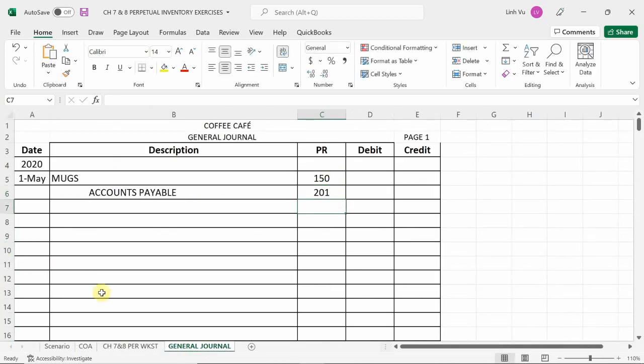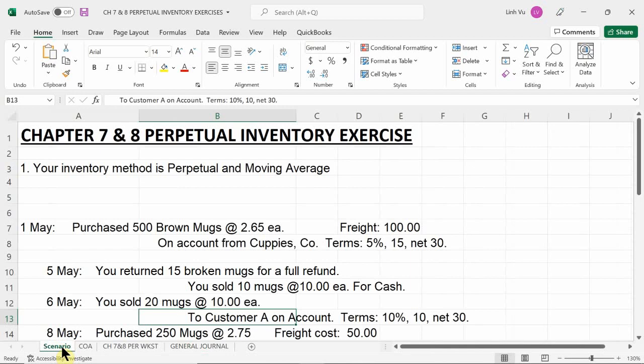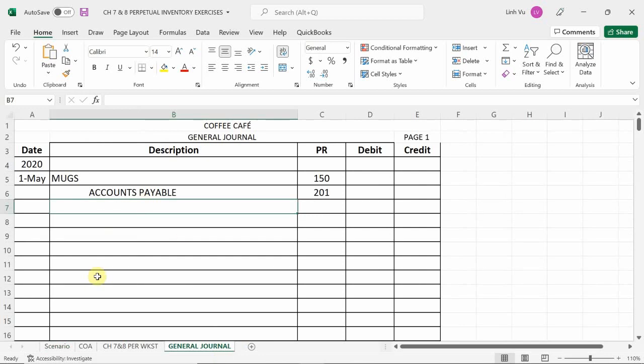Now in this case, we purchased 500 mugs at $2.65 each, and the freight was $100. I'm going to first practice journalizing it, and then we'll plug it into the inventory worksheet and journalize it afterwards, okay? But for now, let's just practice journalizing the entry here.